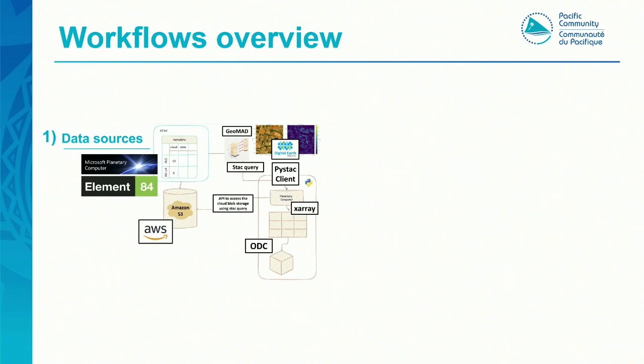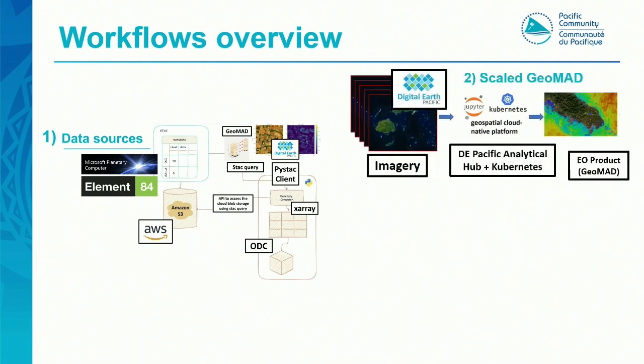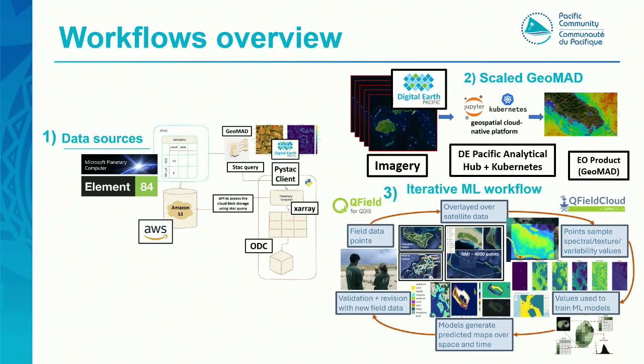Secondly, the scaled GeoMAD, so the geometric median and median absolute deviations product, which is kind of like a cloudless mosaic that's been developed to be statistically robust for our analyses, also generated through the cloud native platform of Digital Earth Pacific and Kubernetes workflows. And then finally, the machine learning workflow, which is used to generate the predictions. This is an iterative process where we use QField to collect the field data points, and then we use those field data points to train the machine learning model. I'll go into more detail about all three of these.